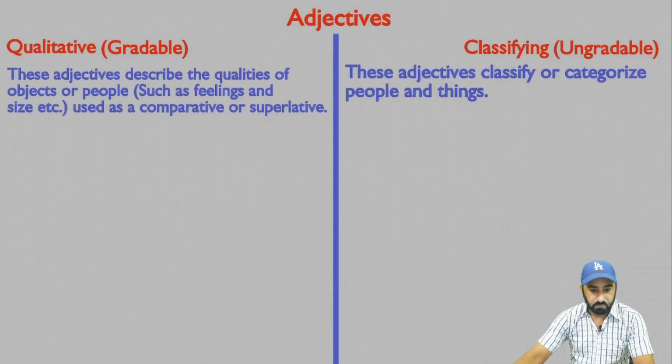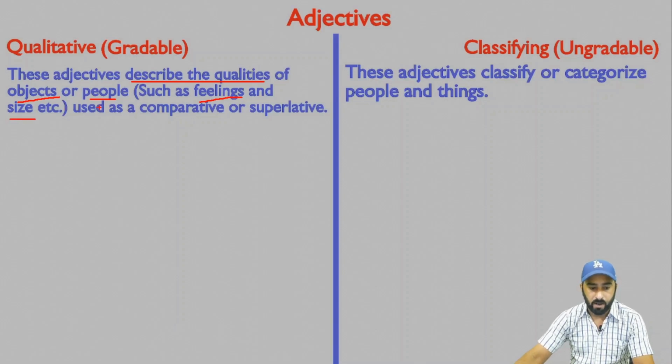As you can see on your displays, these adjectives describe the qualities of objects or people. As the term qualitative indicates, these kinds of adjectives always describe the qualities or attributes of objects or people, such as feelings and size.